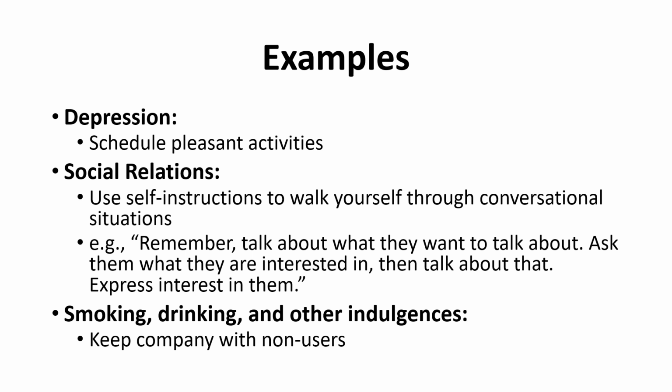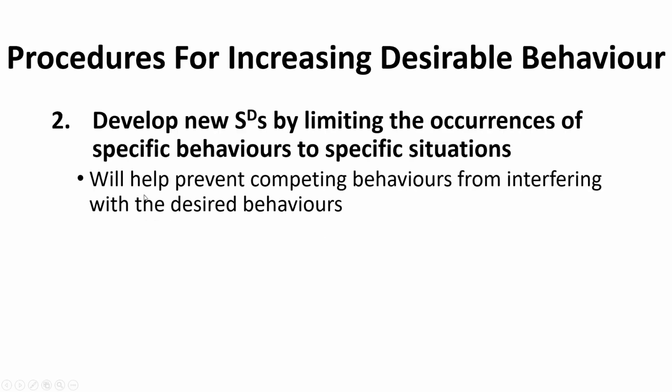You have a positive outcome. If you have poor behaviors, things like smoking, drinking, other kinds of indulgences, maybe you want to keep company with people who don't use those substances. So by being in company with people who don't use those substances, you're more likely to copy their behaviors and have the positive outcome of not smoking, drinking, or doing other things.